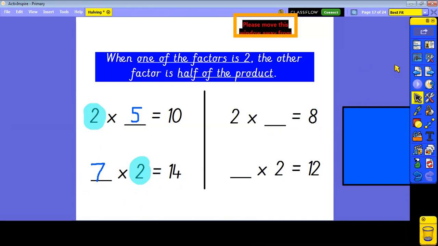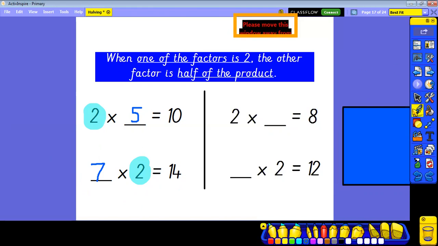Well done, Year 2. This is the last little thing before I show you your independent work. Hopefully your brain isn't too tired. So I know that when one of the factors is 2, I can see here that one of the factors is 2 in both my number sentences, that our other factor, which we don't know, is half of this.